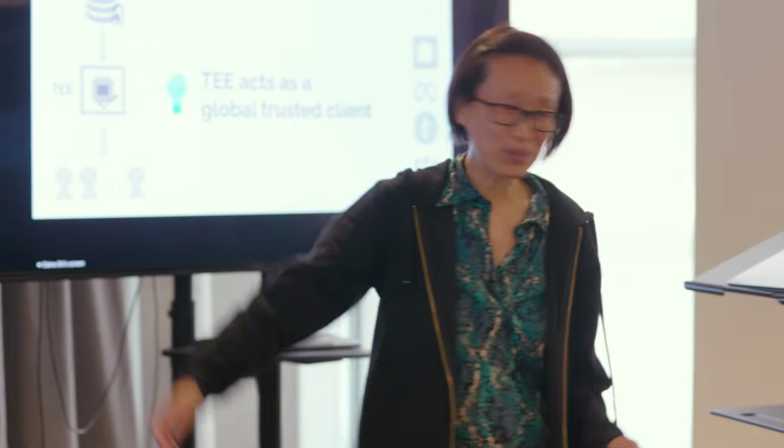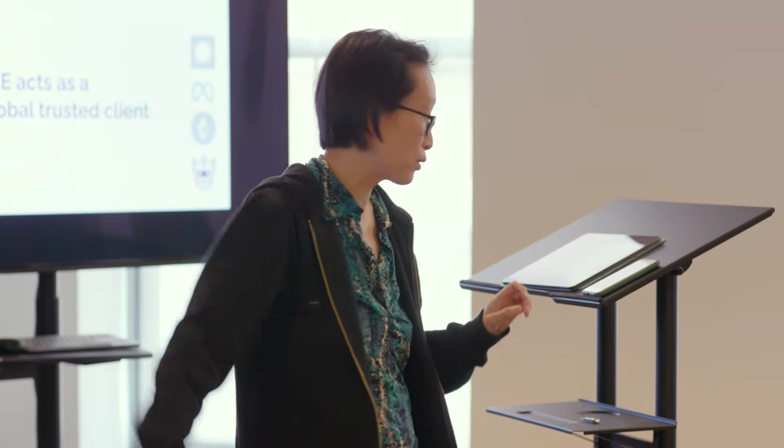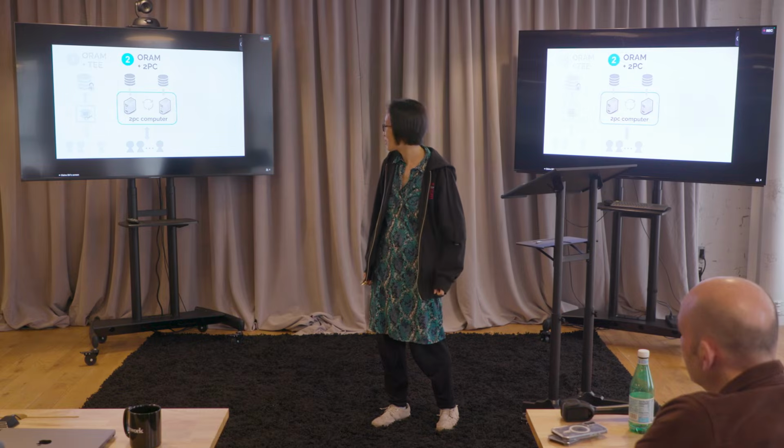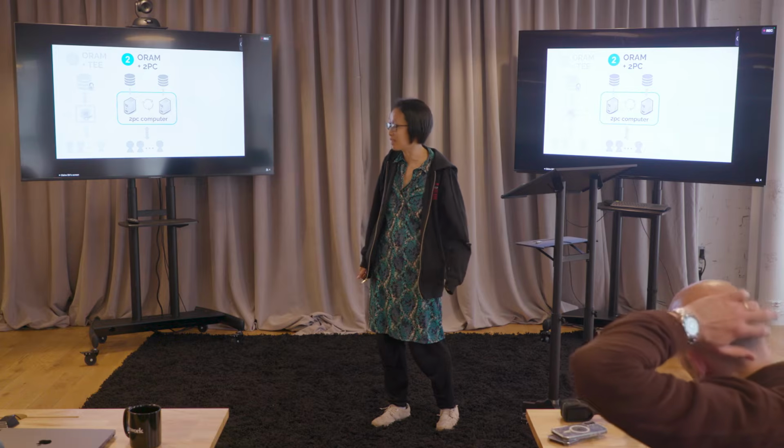We are also working with blockchain players like Ethereum and Flashbots to get this kind of solution deployed. But it doesn't have to be TEE. At this point, a lot of people will ask whether TEE is a good assumption, especially for blockchain, where they believe in decentralization. They don't want to trust any single hardware vendor.